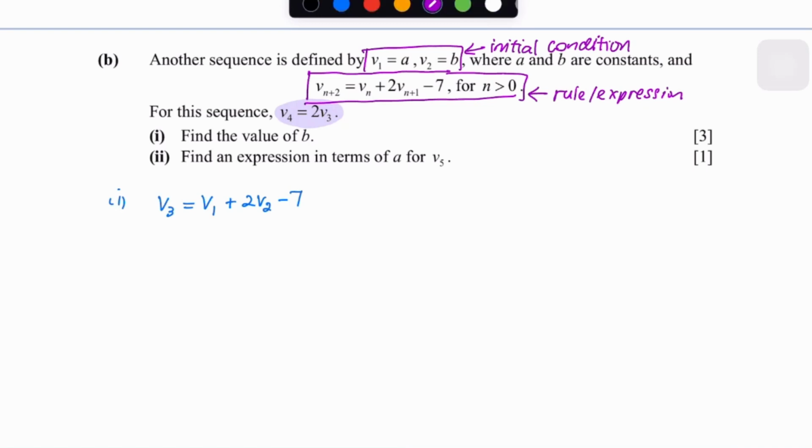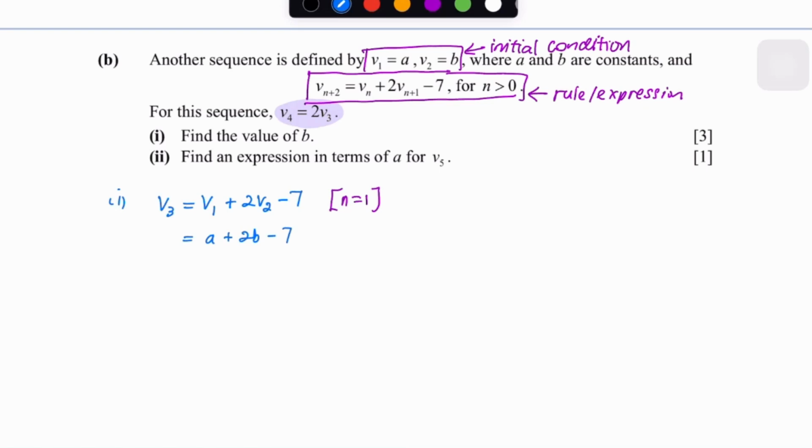This one is when n equals 1. When n equals 1, you put the 1 inside here, inside here, inside here, and you get something like this. Then you make it A and B. So you can make it A and B. Oh, okay, sorry, don't write first. I show you first. Something like that. So this is V3.